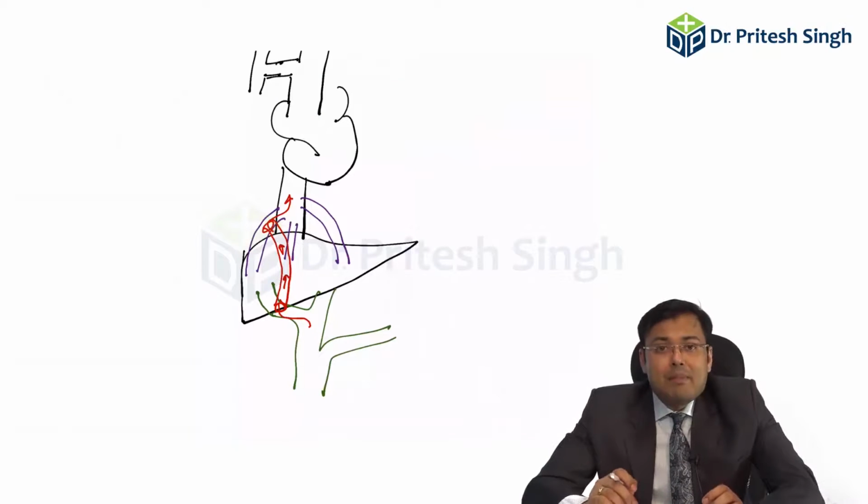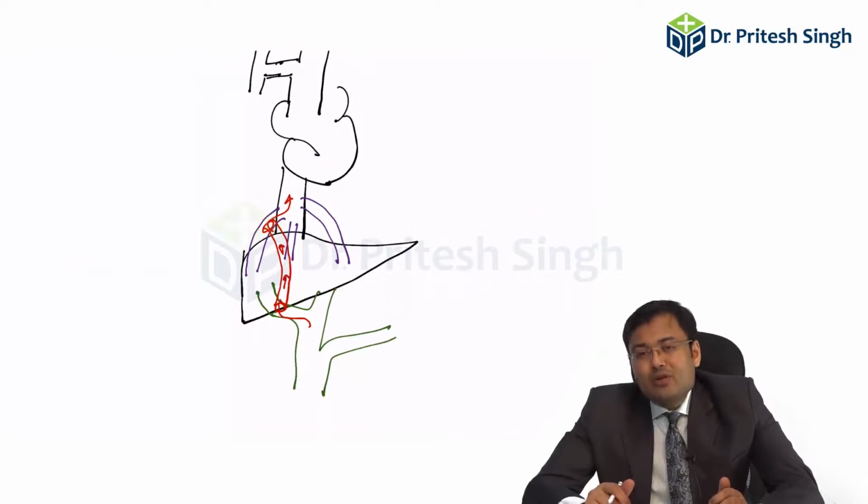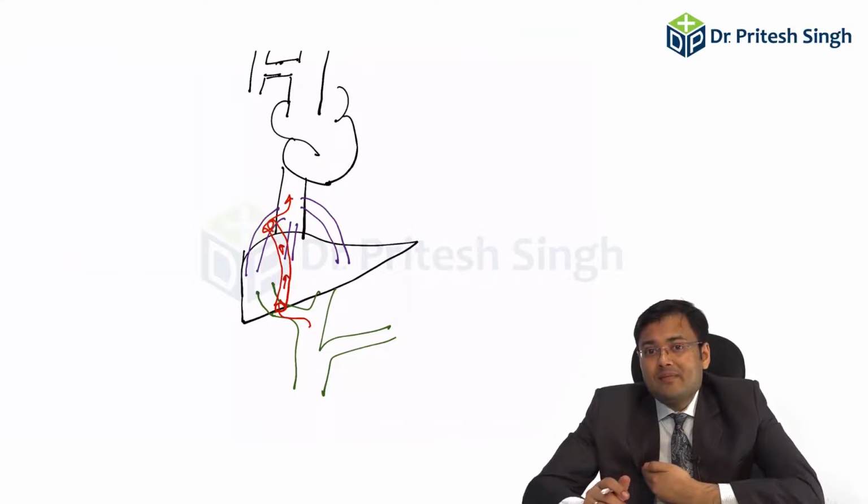Since liver is bypassed, high concentration of ammonia reaches systemic circulation. So what's the most common complication of TIPS? Obviously, encephalopathy. Second problem, since because of this Viator stent, there is increased venous return to the heart.